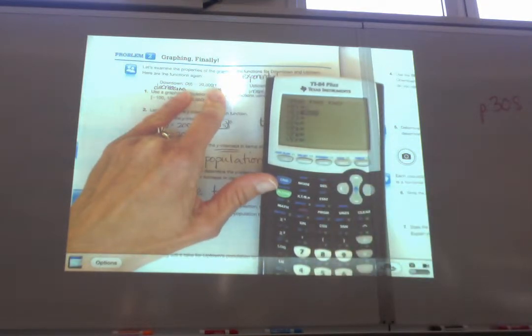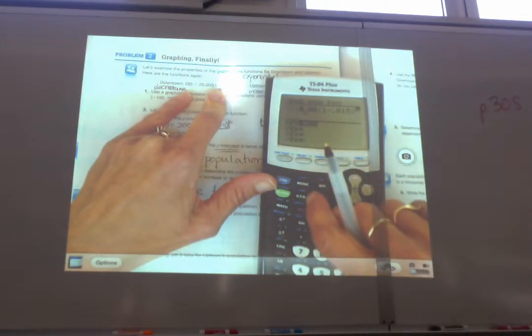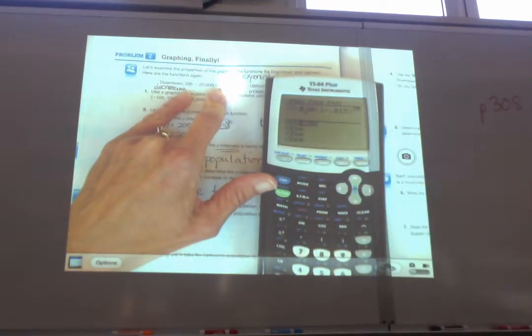Y1, 20,000, 1 with 4 zeros, parentheses 1 minus 0.015, close the parenthesis. And then to make the t an exponent, I use this little caret button, which is underneath clear. And then that exponent's going to be a variable, so X,T,theta,n is what I push.